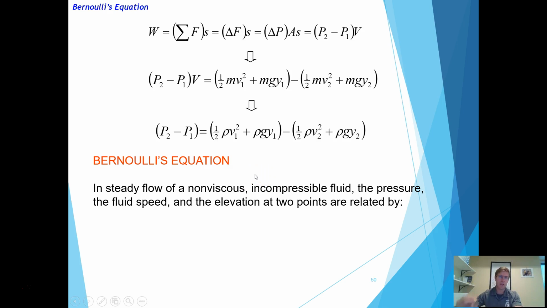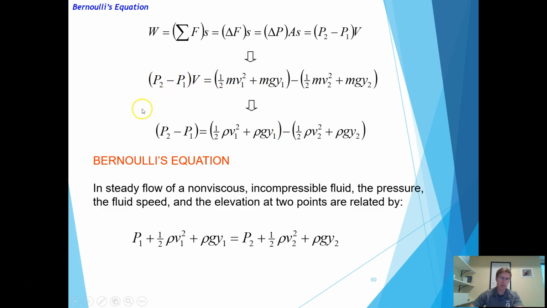And what it tells us is if you have a steady ideal fluid, so a steady, non-viscous, incompressible fluid, you can quantify the pressure, speed, or height at any different point by using conservation of energy in a new form of really just looking at work energy per unit volume.